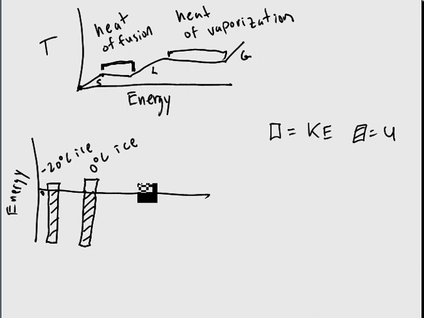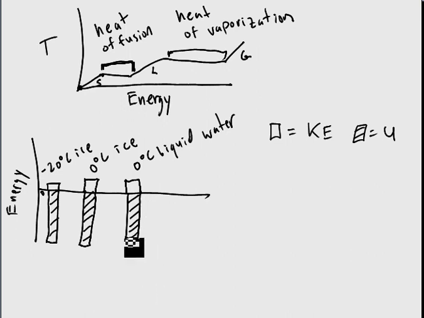If I were going to draw 0 degrees Celsius liquid water now, they have the same temperature, so they'll have the same amount of kinetic energy. But the liquid will have significantly less potential energy. You see that there's this gap here where we added some energy.